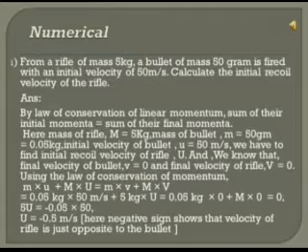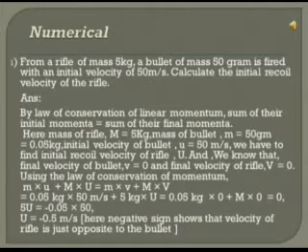By using the law of conservation of momentum, m u plus M U is equal to m v plus M V, that is equal to 0.05 kg into 50 meter per second plus 5 kg into U is equal to 0.05 kg into 0 plus M into 0, that will be equal to 0.